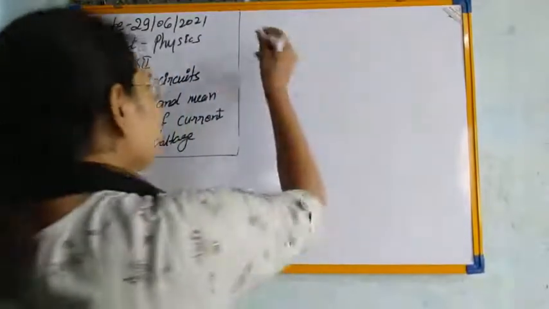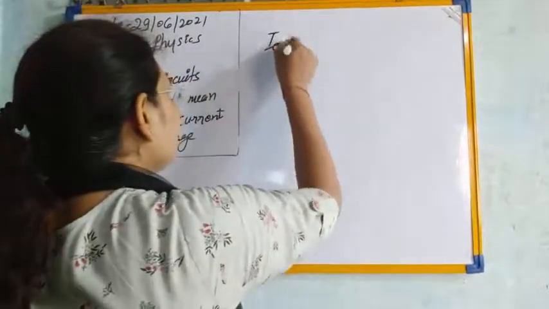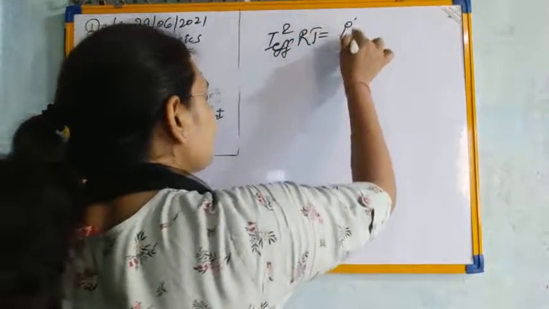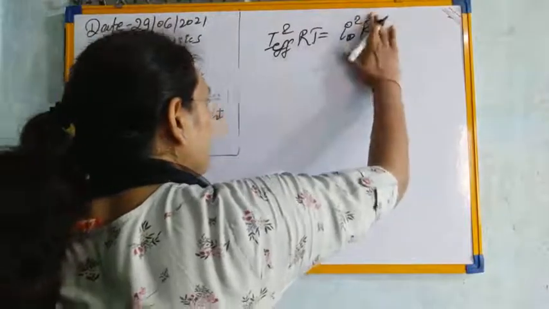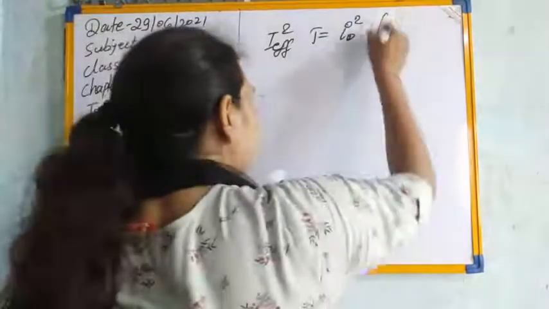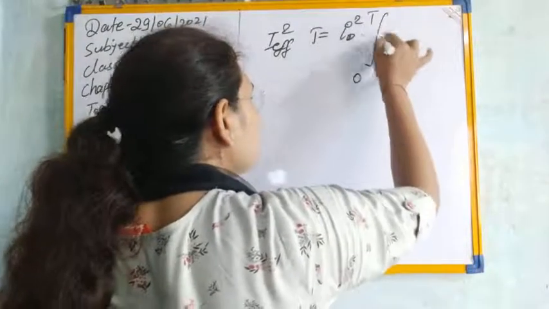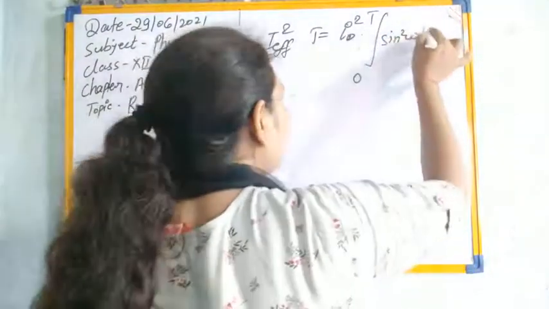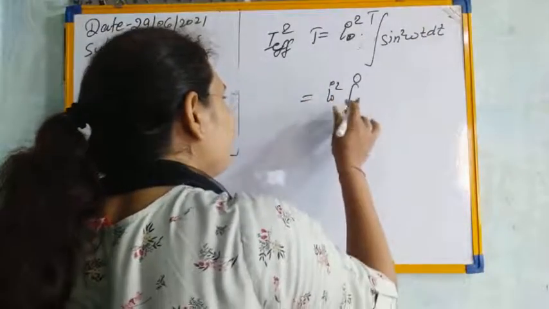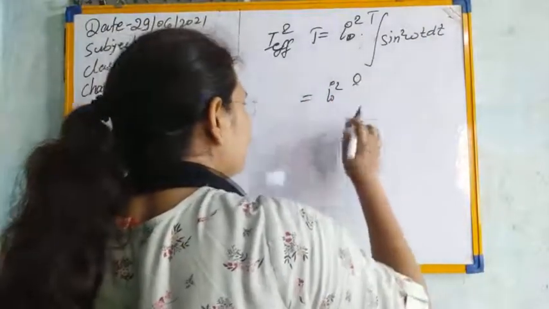Finally we have I effective whole square RT equal to I0 square R. You can cancel out R from both sides, and inside the bracket we have the integral from 0 to T of sin square omega t dt, times I0 square.